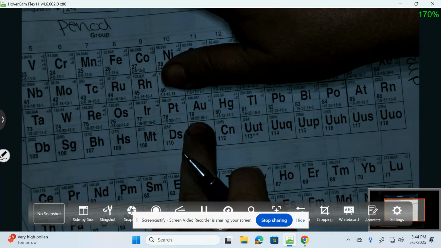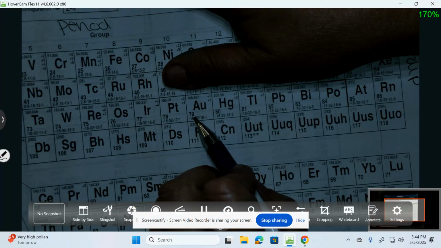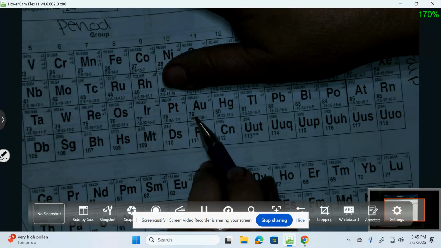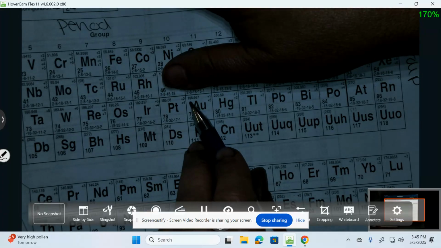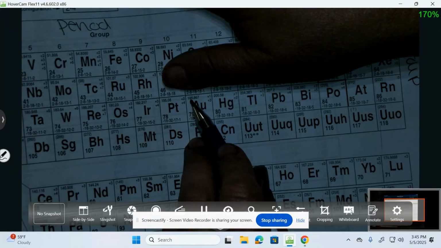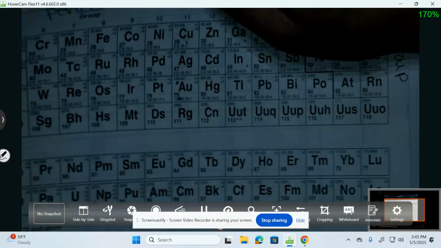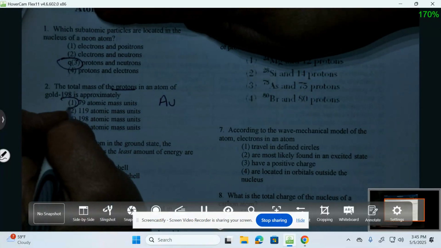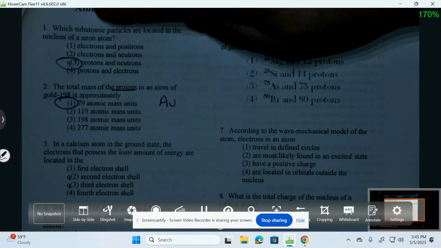Nope. Oh, it's in the bottom? Yep. This number right here is the number of protons. 79 protons in gold, okay? 197 is the mass. That's the protons and the neutrons. This is the protons. So it's going to have 79 atomic mass units.